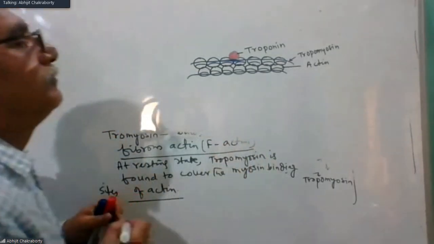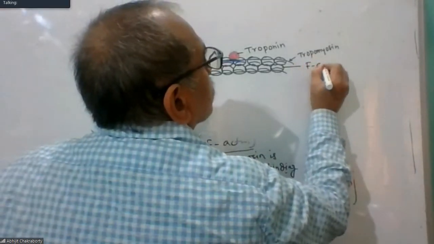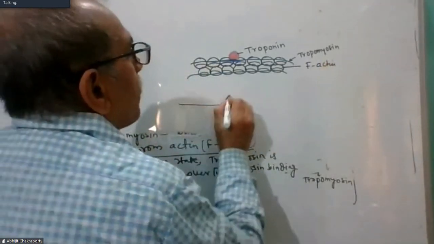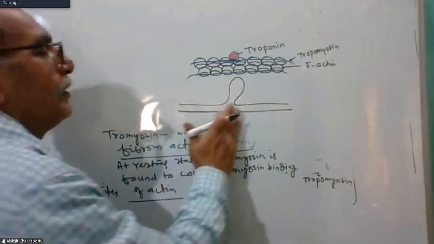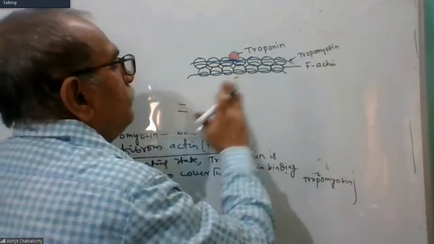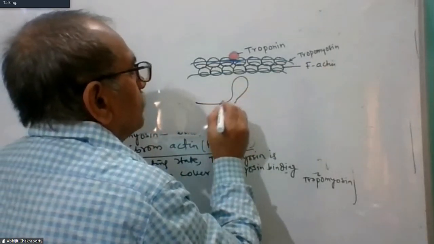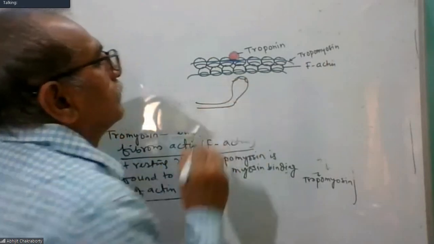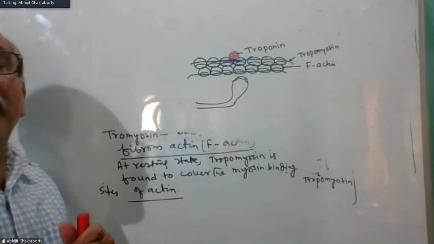You see, so the myosin head cannot bind to actin.